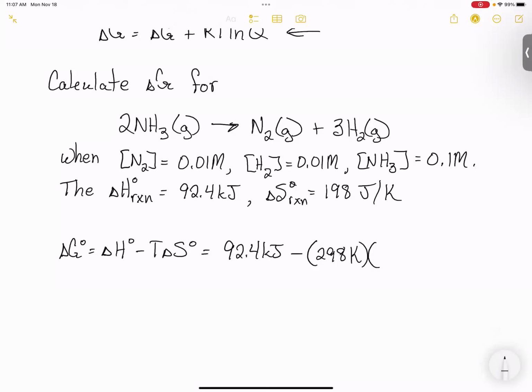Times our delta S naught, which is a positive 0.198 kilojoules per Kelvin. As a reminder, since we have slept over the weekend, you have to make your units match. So when you calculate your delta G naught, you get a delta G naught of 33.396 kilojoules.